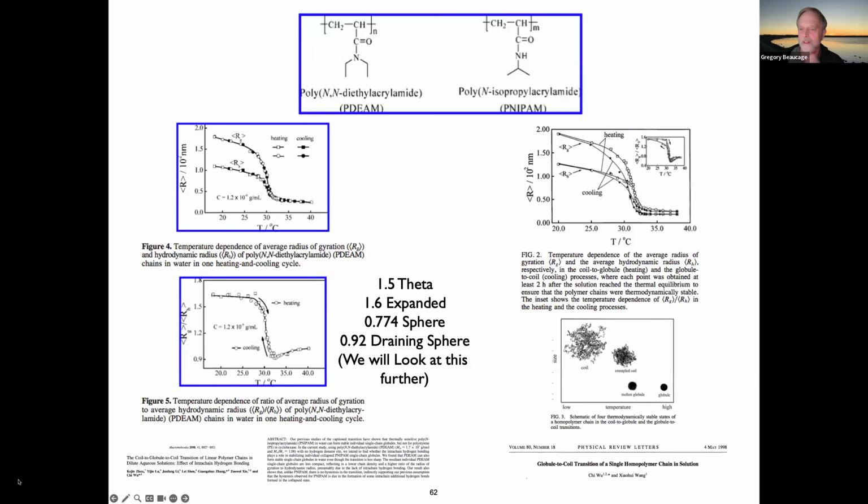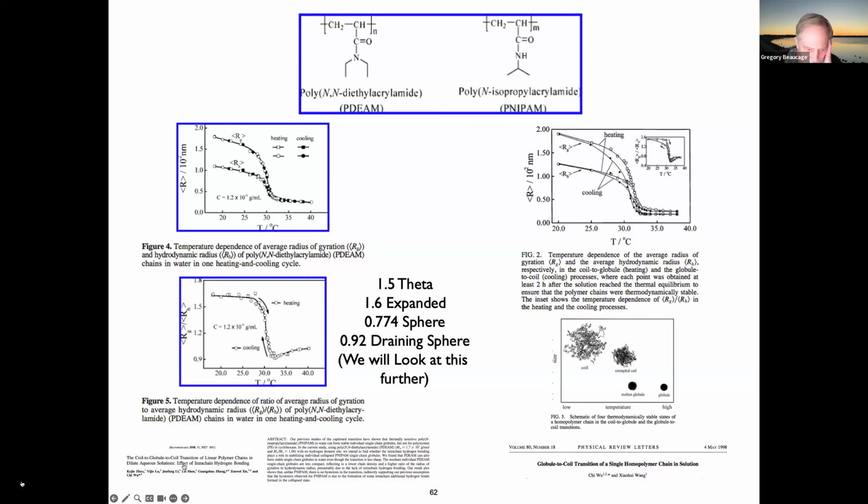So you can see this would be discrete transition behavior, right? Basically it's a step change in the coil size between the expanded coil and the collapsed coil. By tweaking the chemical composition of the side group, you can make it go from a first order transition to a second order transition.